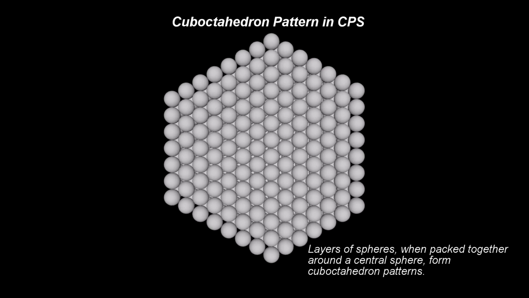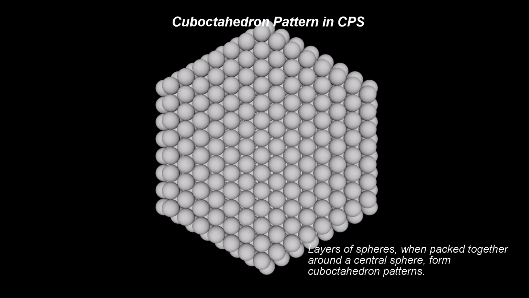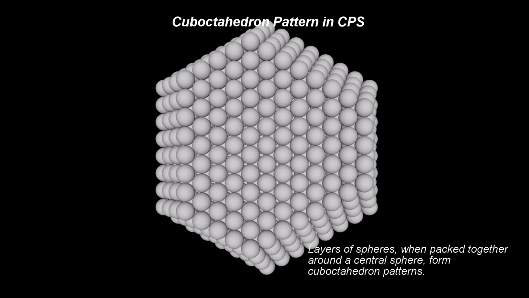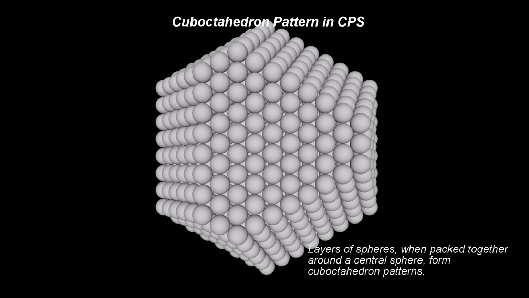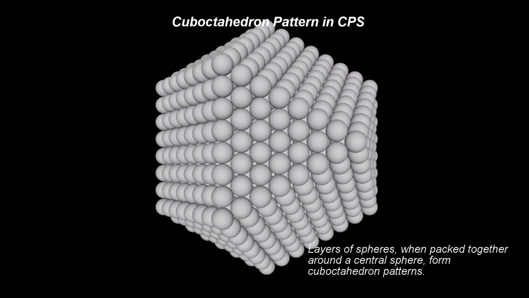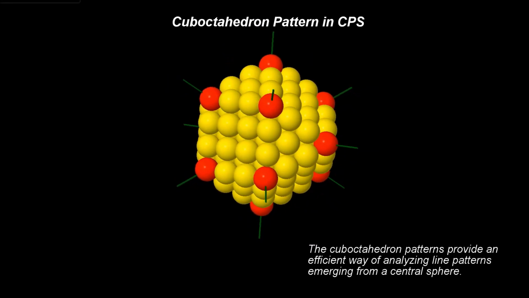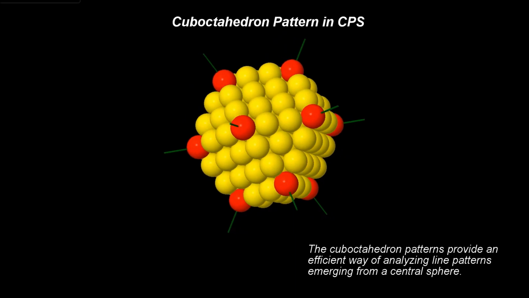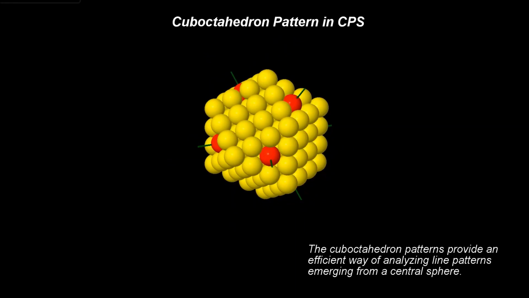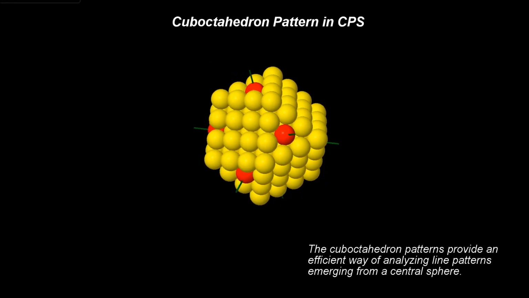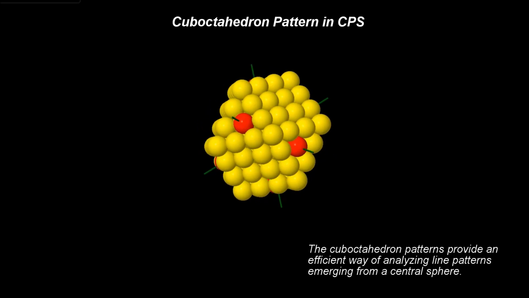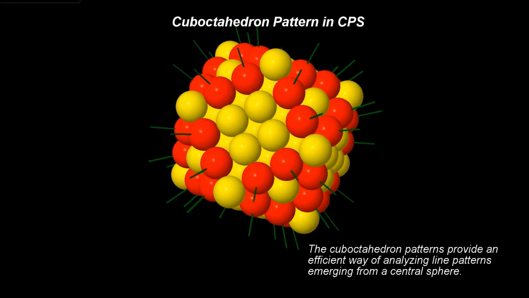We have seen in a previous video how layers of spheres, when packed together around a central sphere, form cuboctahedron patterns. These patterns grow quite naturally around the central sphere. We have also shown how these cuboctahedron patterns can provide an efficient way of analyzing line patterns emerging from a central sphere.